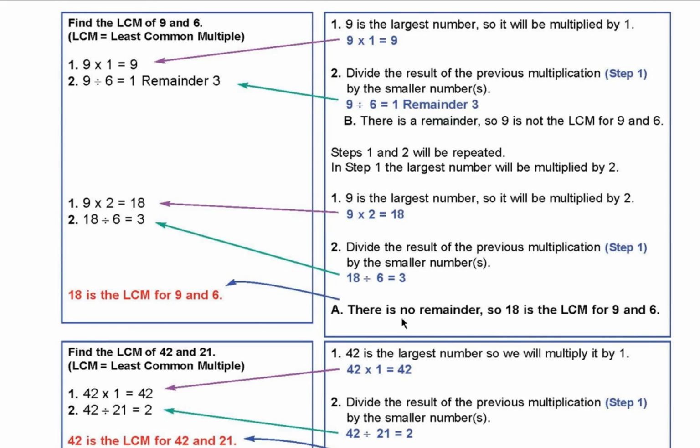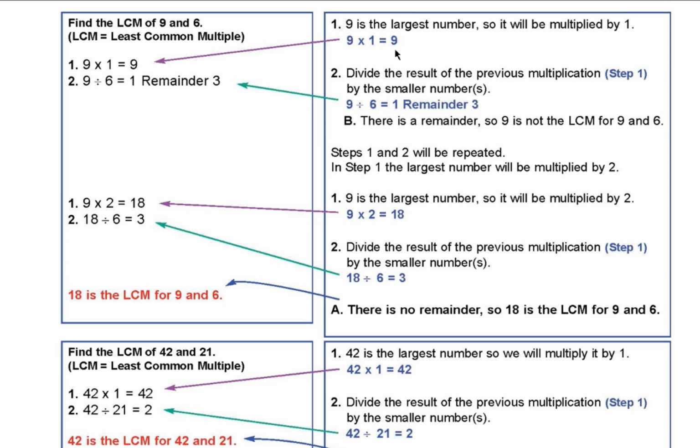Now, I want to make sure that you understand why 18 is the least common multiple for the numbers 9 and 6. When we multiplied the larger number, 9 times 1, we got a result of 9.